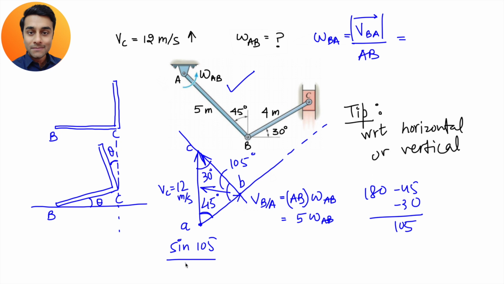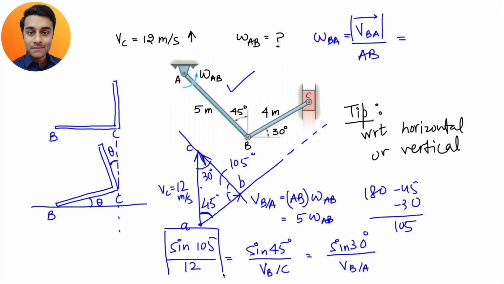This one is the side opposite of it, 12 meter per second. This is equal to sine 45 degree divided by the side which is opposite to 45. In this triangle, you can clearly see this side is opposite of 45, which is velocity of B with respect to C. This is equal to sine 30 divided by which side? This side, opposite of 30 degree, which is velocity of B with respect to A.